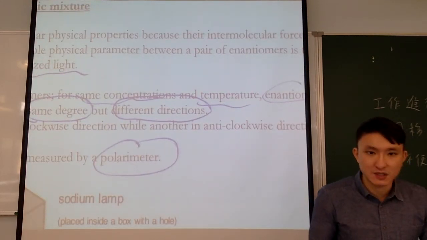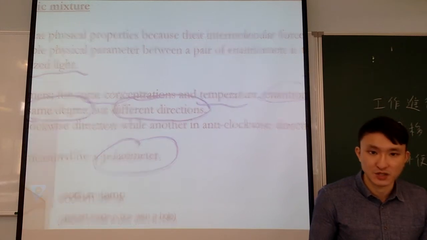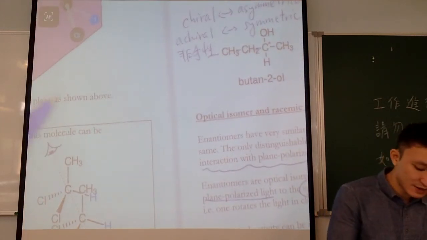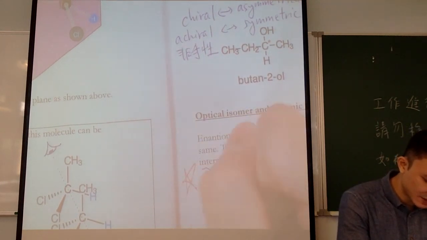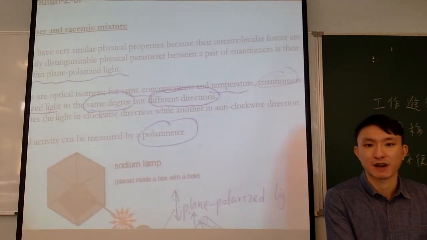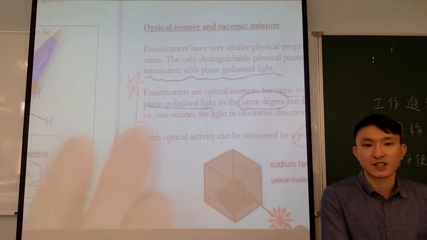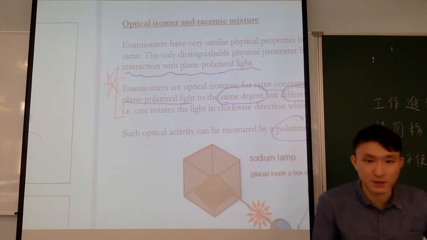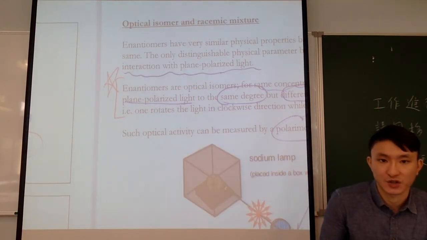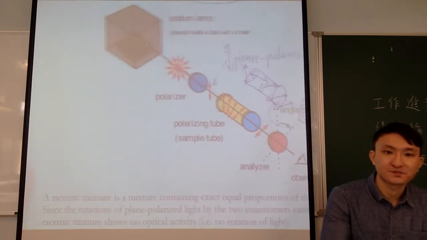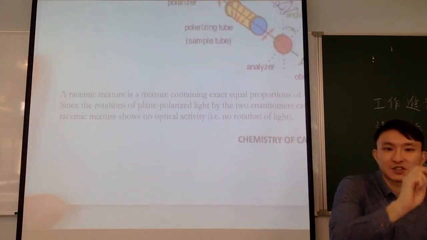So this is how we distinguish between the two enantiomers. This one is very important. Please memorize this paragraph, because usually if they ask you how you can distinguish between the two enantiomers, this is what you're trying to answer.